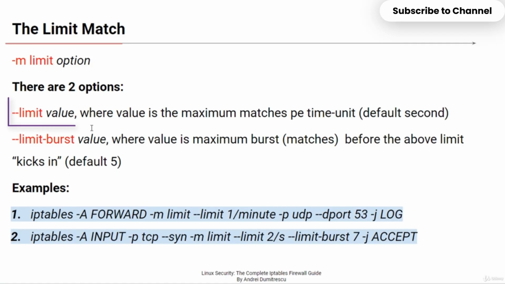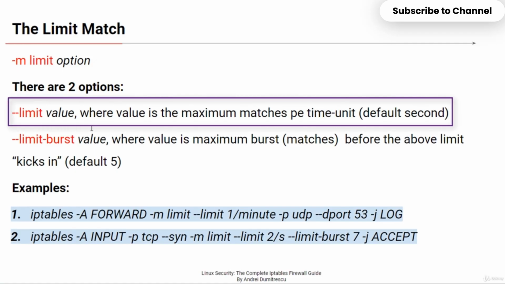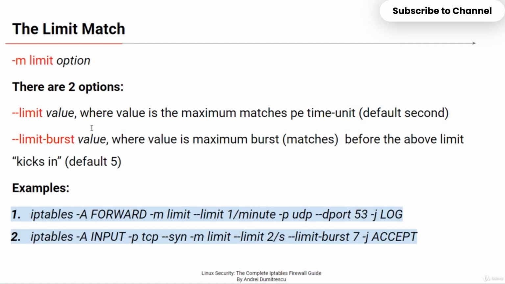The first is --limit, followed by a number which specifies the maximum average number of matches to allow per second. It's possible to specify units explicitly using /second or /minute or /hour, like, for example, --limit 10/minute, which means 10 matches per minute.